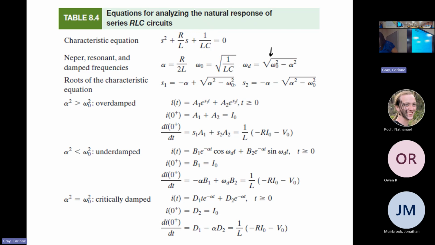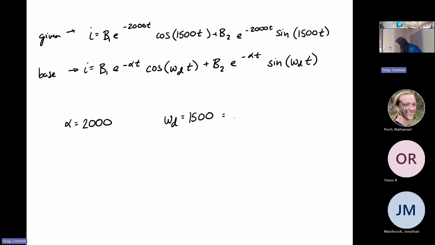This equation is for underdamped only, the only place we're going to see omega d. Any questions so far?